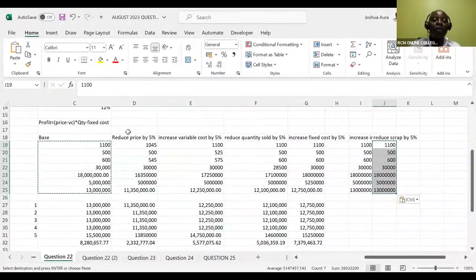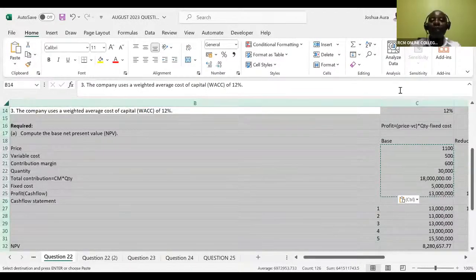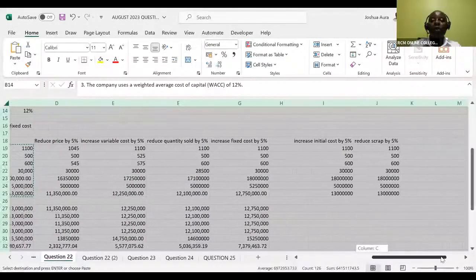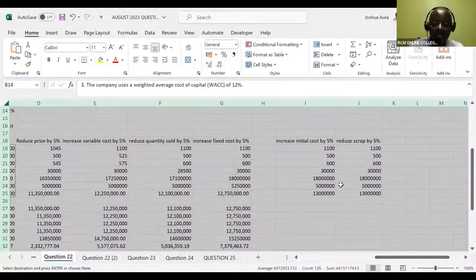Ladies and gentlemen, once I've done that, I'll remember here I was required to increase the initial cost by 5%. So initial cost, I know where it is. I've got no problem with it.